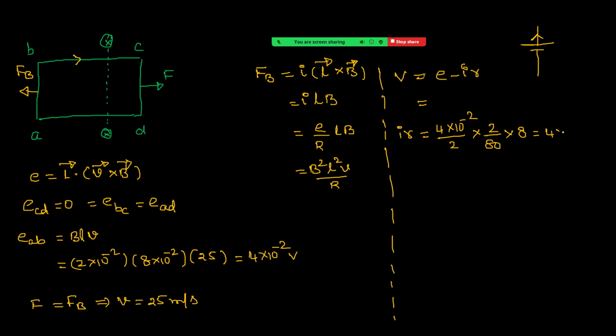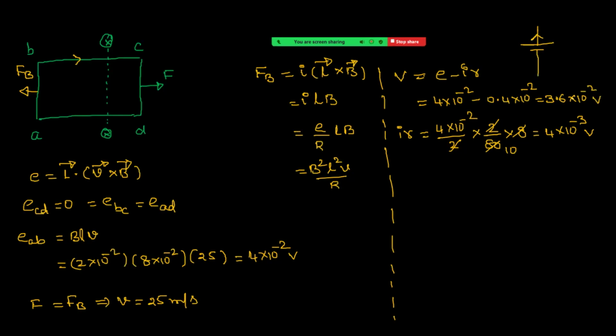It is 4 × 10⁻³ volt, right? Because the 2 gets cancelled, and 8 over 80 is one tenth. So the potential difference equals 4 × 10⁻² minus, which I am writing as 0.4 × 10⁻², so this is equal to 3.6 × 10⁻².